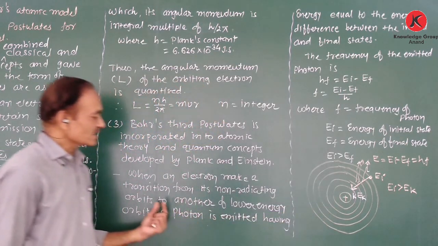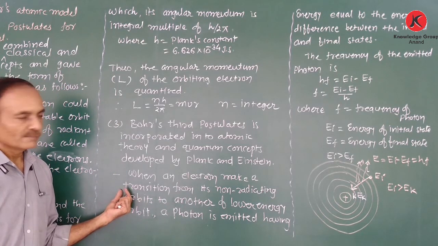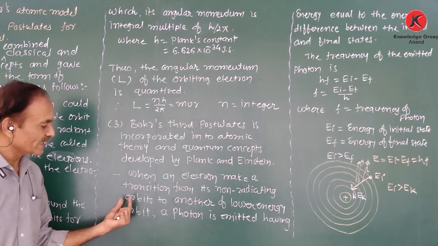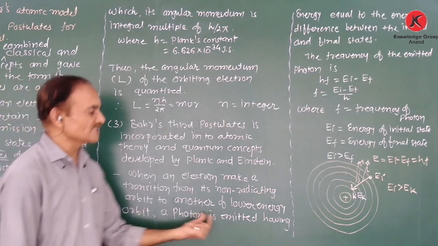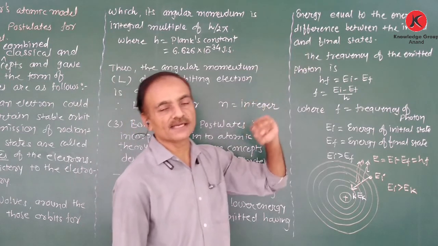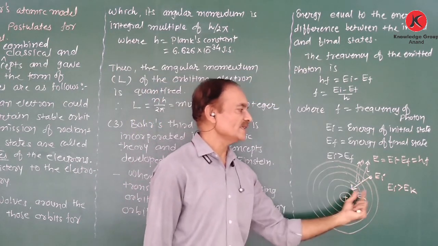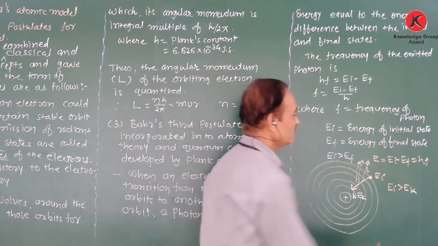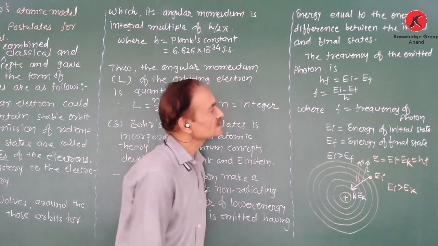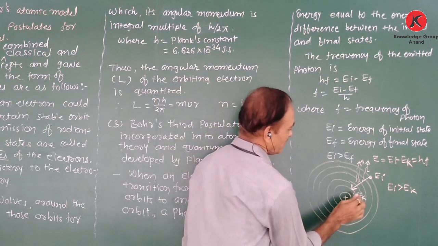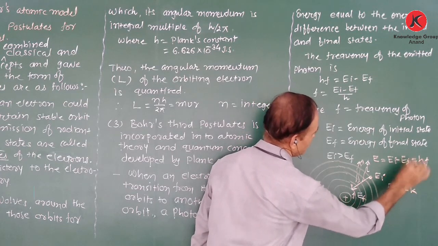According to the third postulate, when the electron makes a transition from its non-radiating orbit to another lower energy orbit, a photon is emitted having energy equal to the energy difference between the initial and final states, Ei minus Ef. Suppose the final energy is Ef.